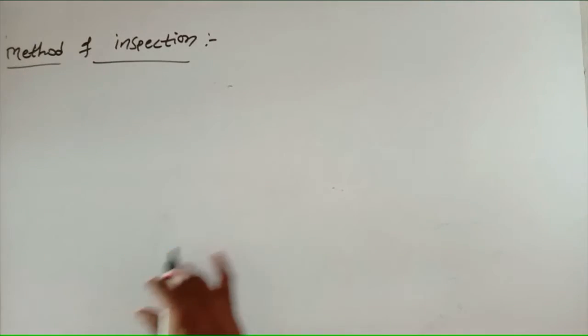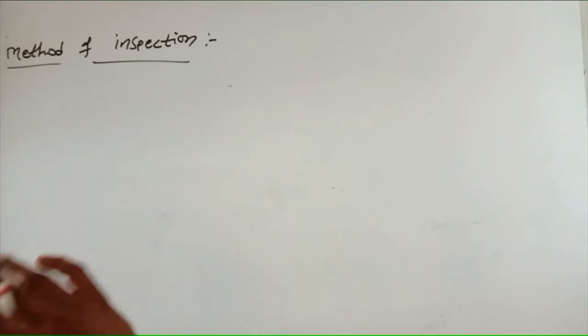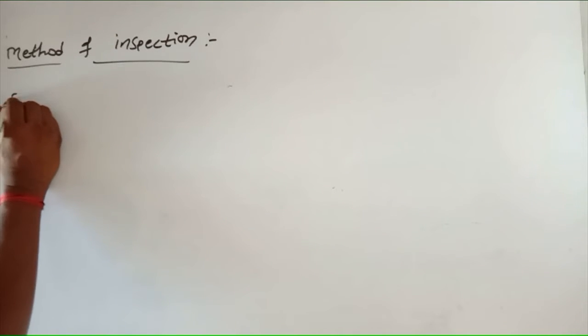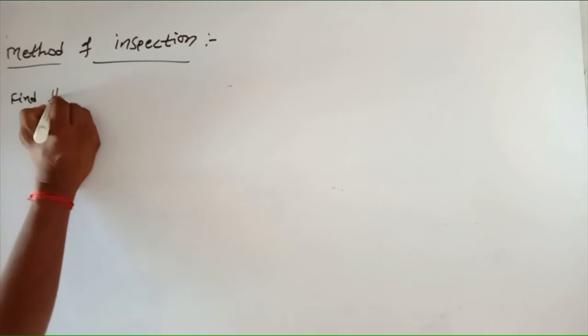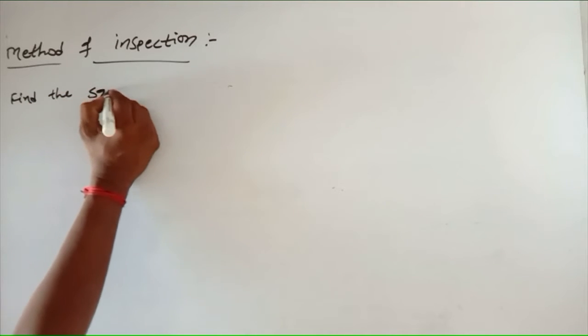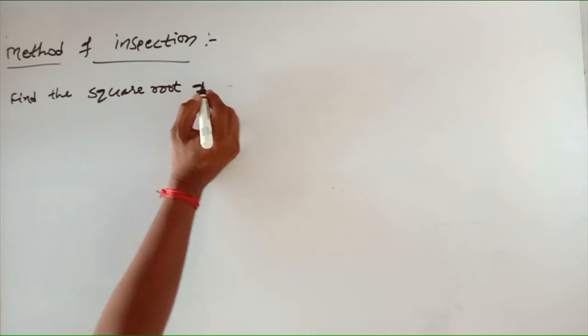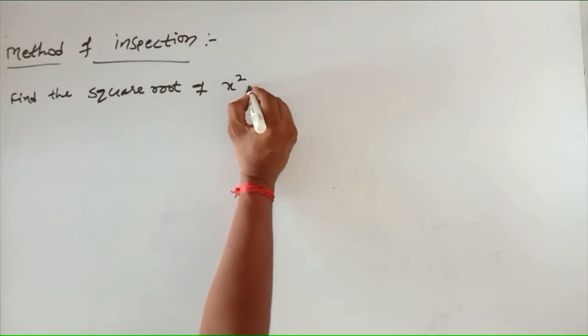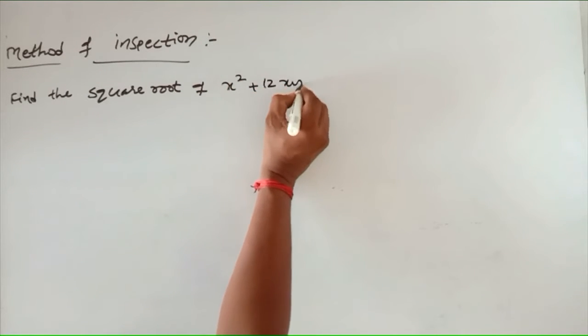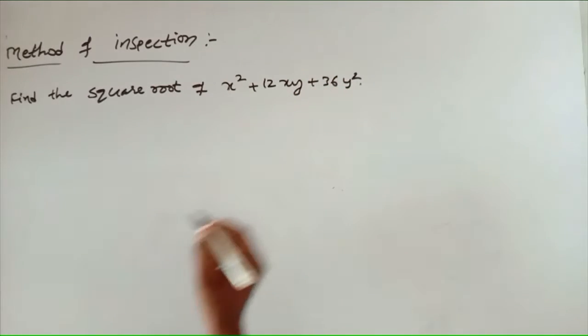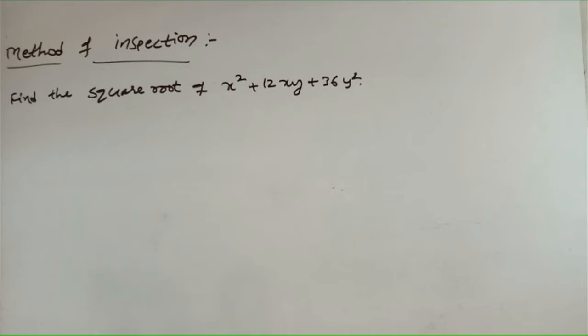The 14 identities are given; any one identity based on the problem we are going to use. Here the first question is, find the square root of x square plus 12xy plus 36y square. I need to use the algebraic identities.